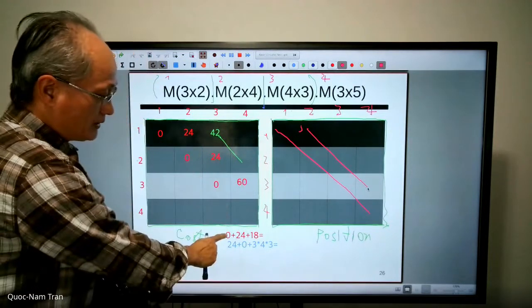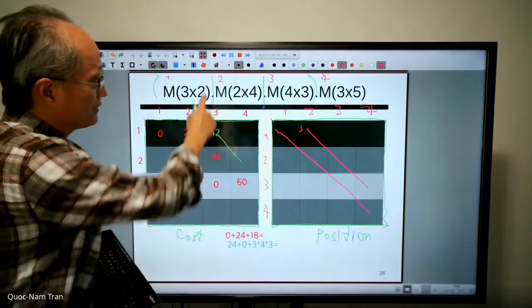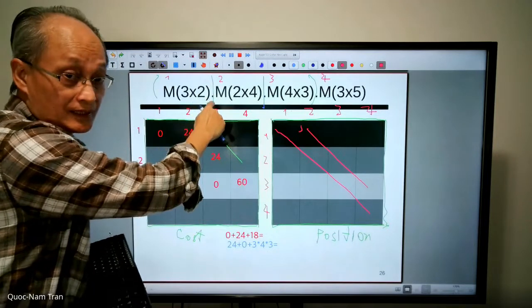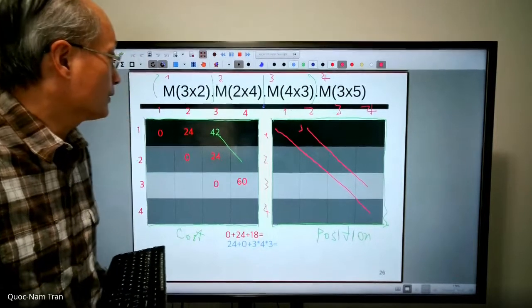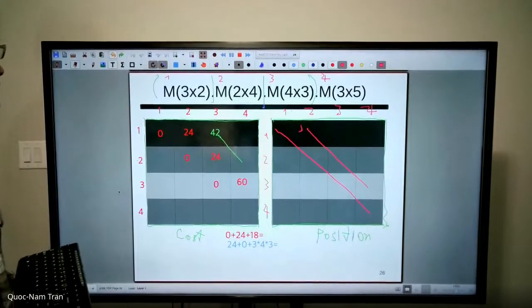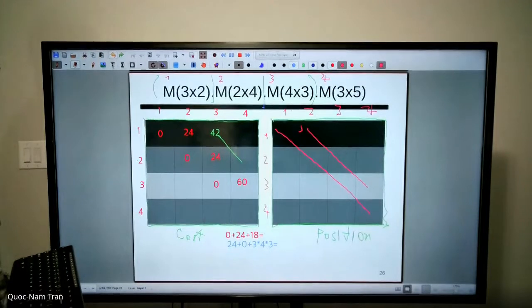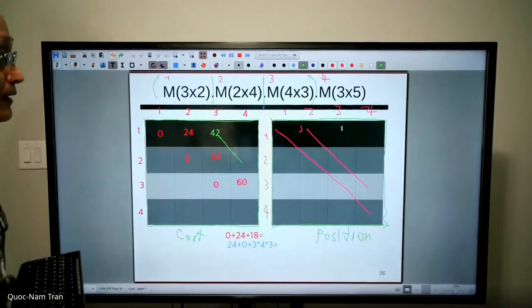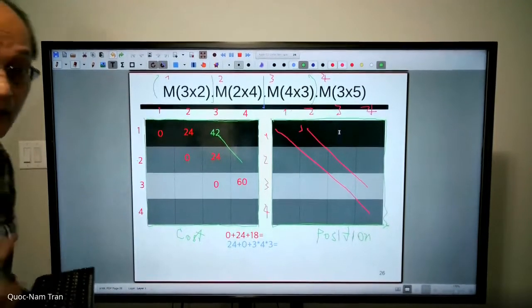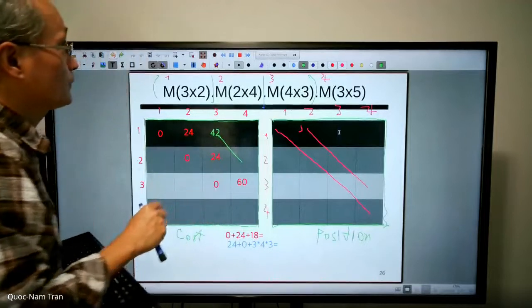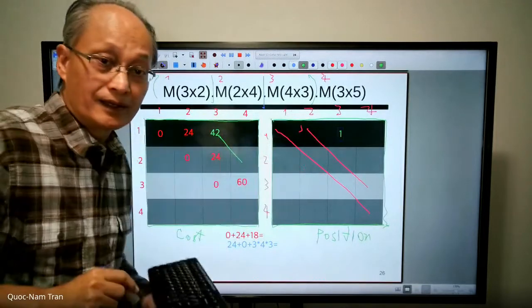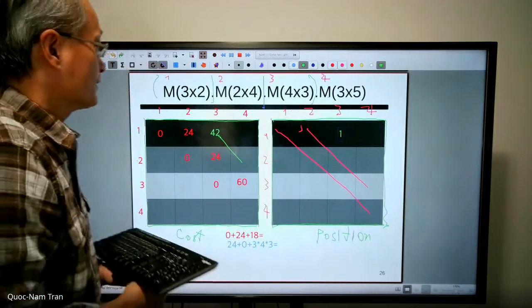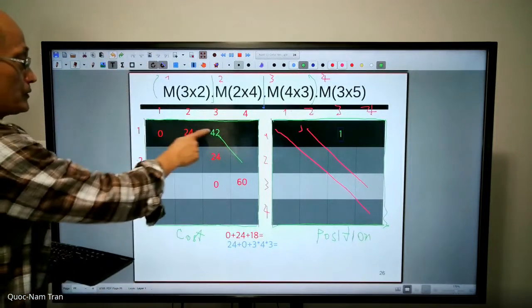And the best way is by breaking it here at this place. So we record that position. The best way will come from the partition at position 1. So we record it here. That is what we have done with 1 to 3.